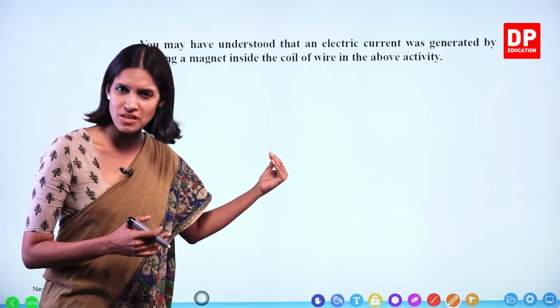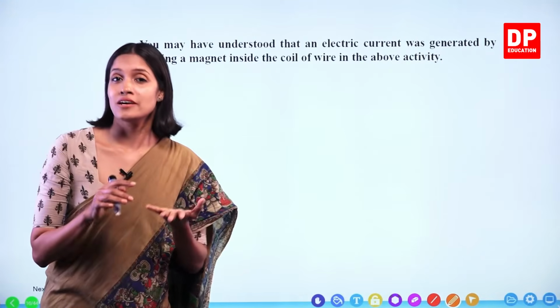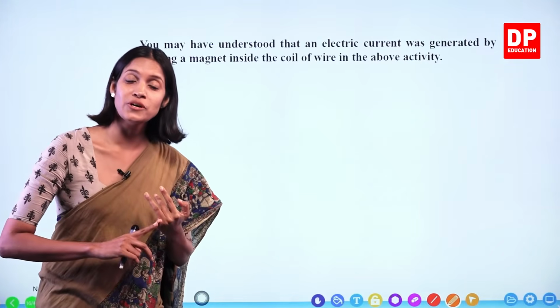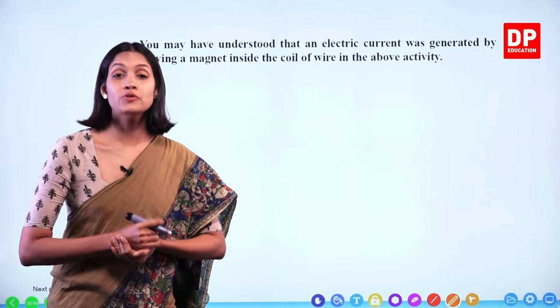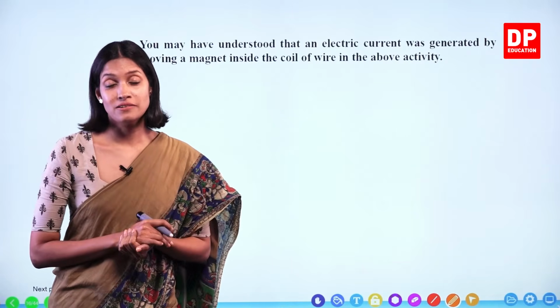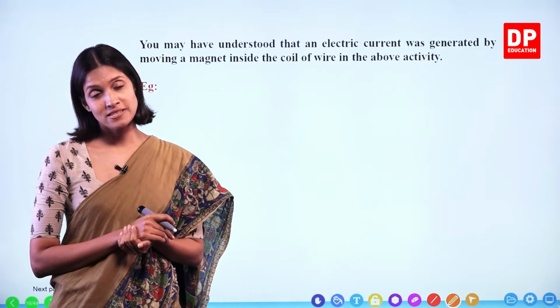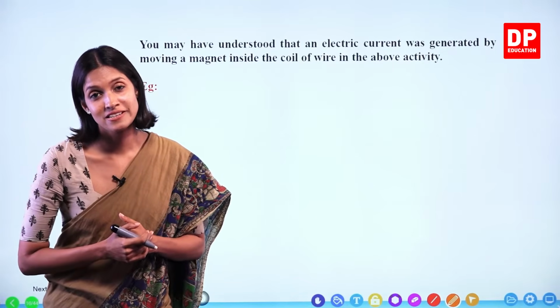Where do we use them, children? This is the method we use in bicycle dynamos and even in motors and generators. Large generators are used in power plants, and all these generators have a moving magnet. So the magnet moves, and a coil of wire generates electricity.